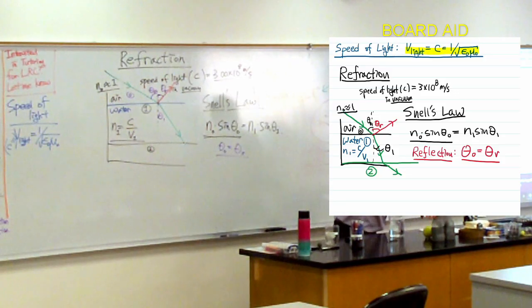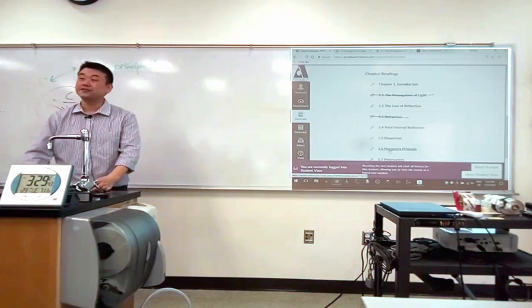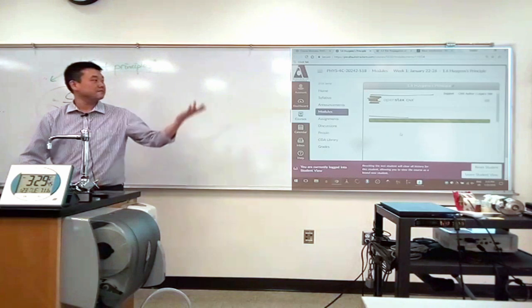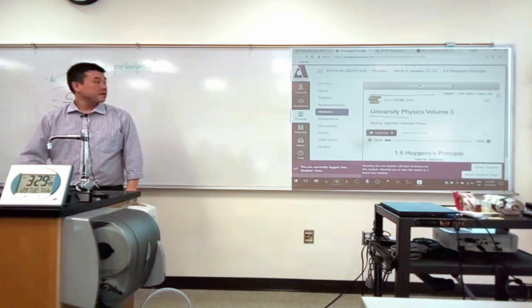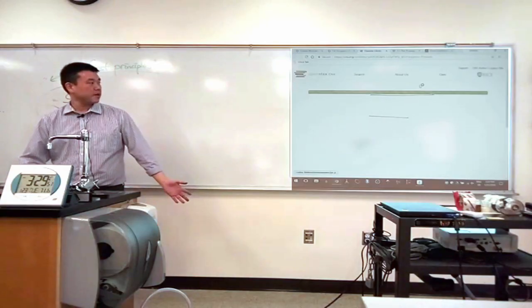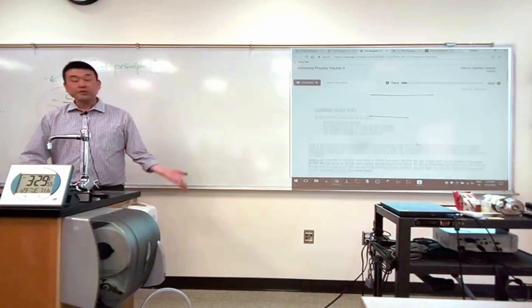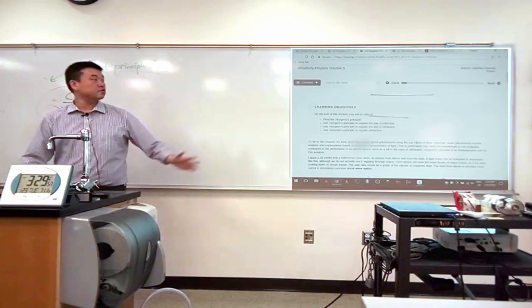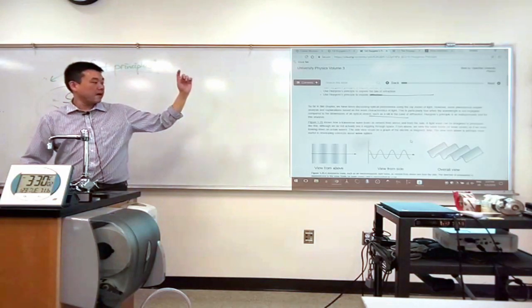But I want to point you to the part of the textbook that does cover it. It's Huygens' principle. I don't know how to say the name right. This is the section of your textbook that describes a principle for describing waves and wavelets and how you deal with them.